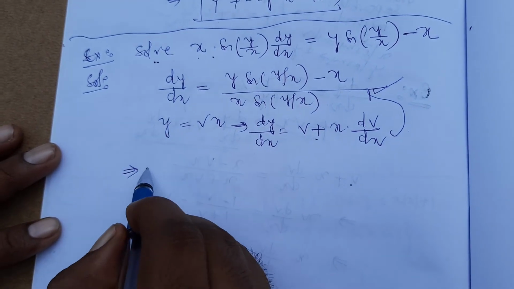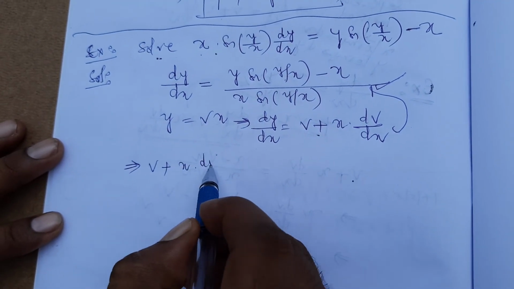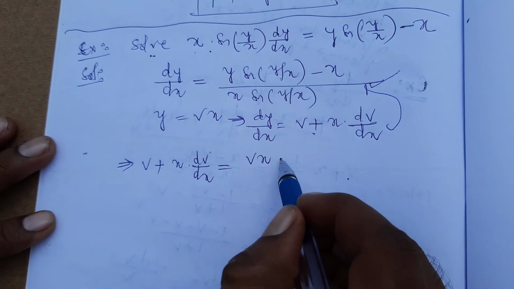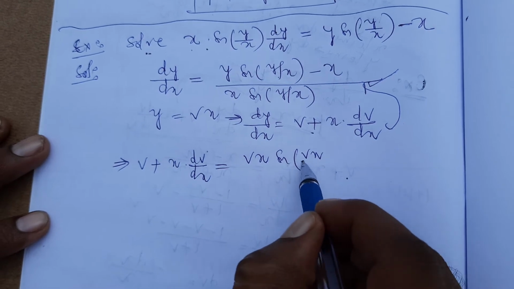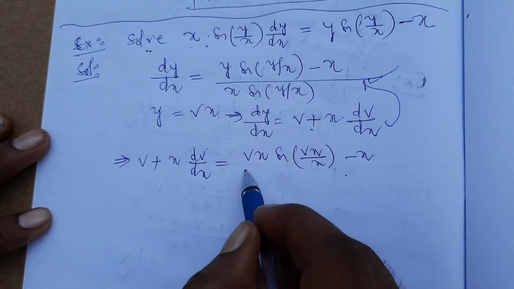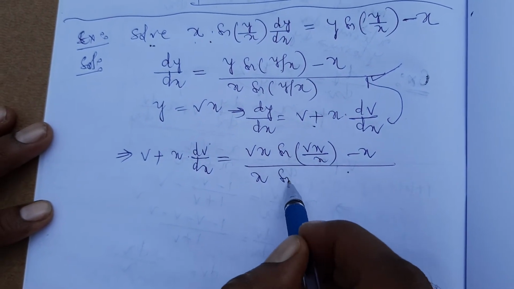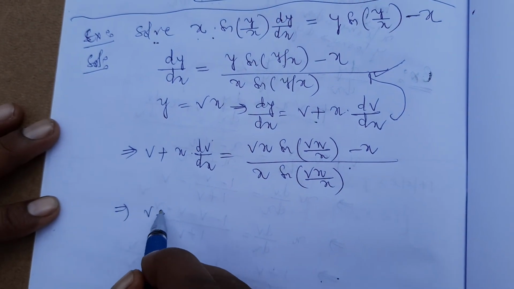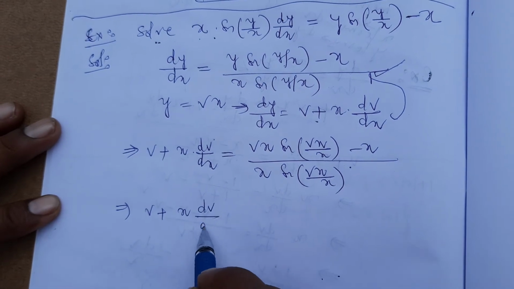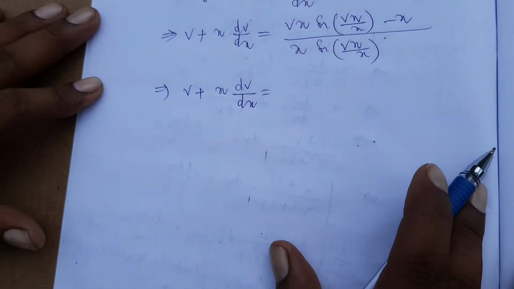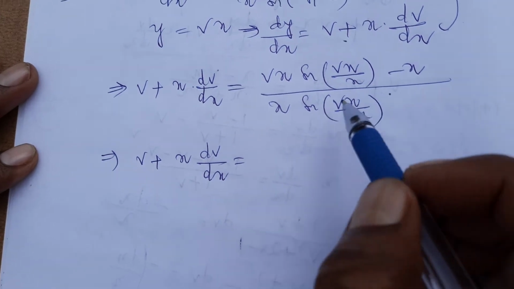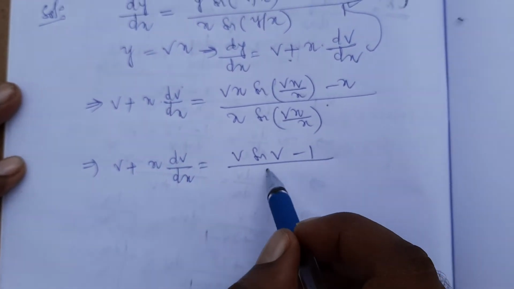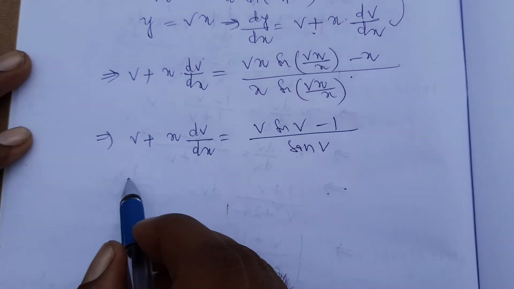That implies v plus x into dv by dx is equal to y value vx sin of vx by x minus x, by denominator x into sin of vx by x. This is the value v plus x into dv by dx is equal to, x everywhere cancels, v sin v minus 1 by sin v is the value.